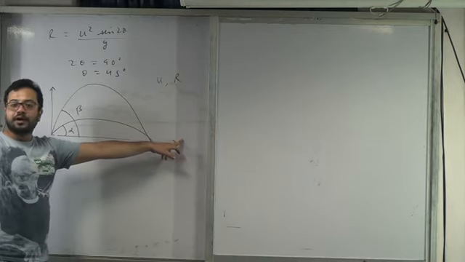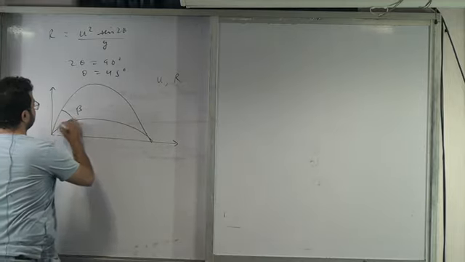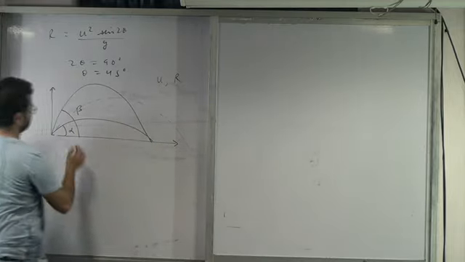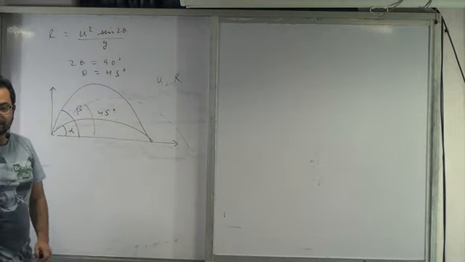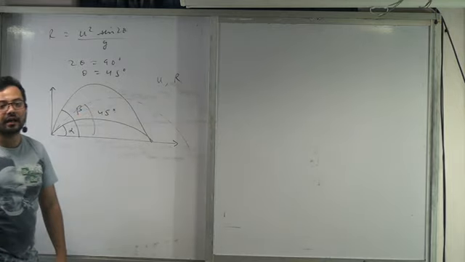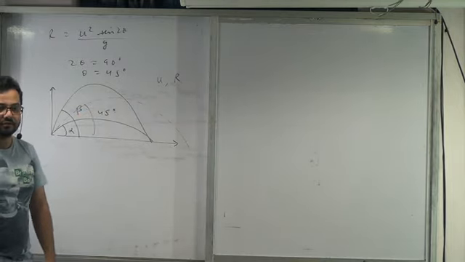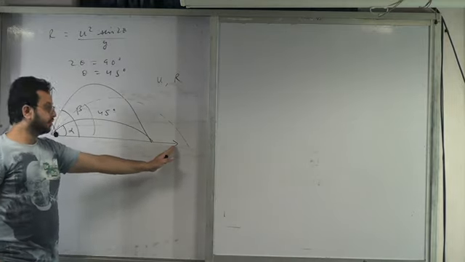At one time it will reach 45 degree. So suppose it reaches 45 degree here and it reaches here. For 45 degree the range is this. Now if I further increase the angle, what will happen? Range will decrease. Further increase the angle, decrease.